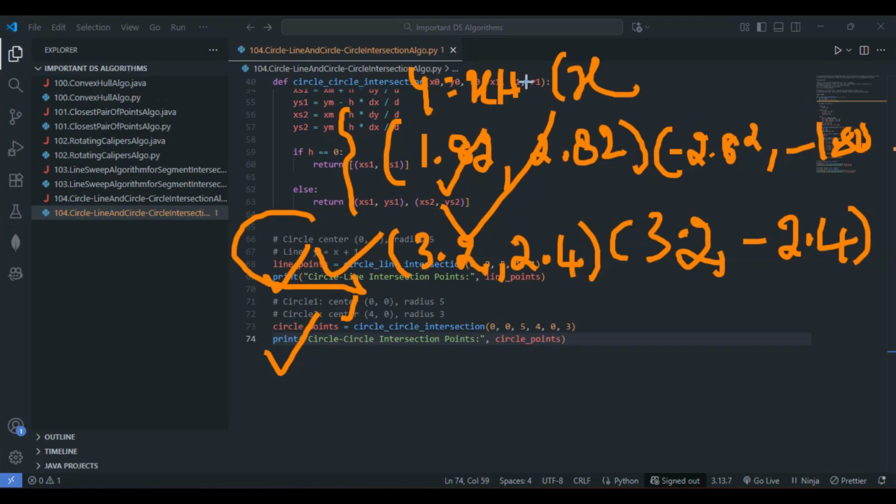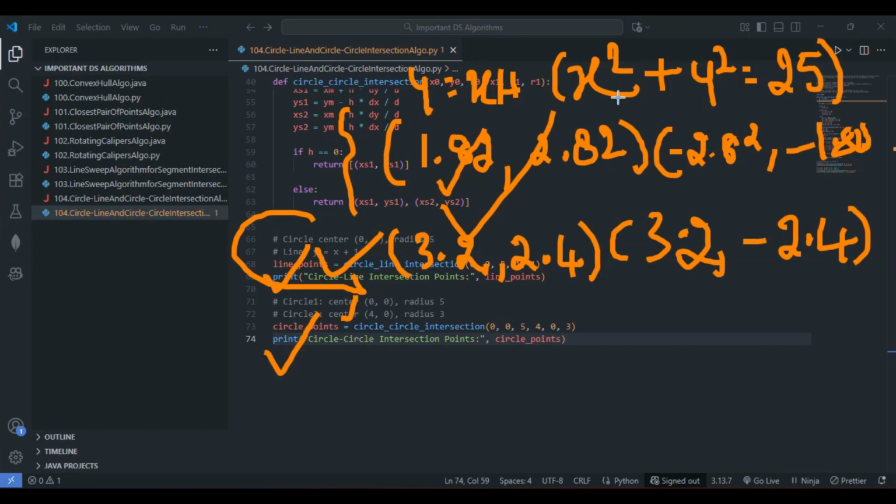See, for the line y equals x plus 1, it cuts the circle x square plus y square, which is 5 square, nothing but 25, right? So this is fine.